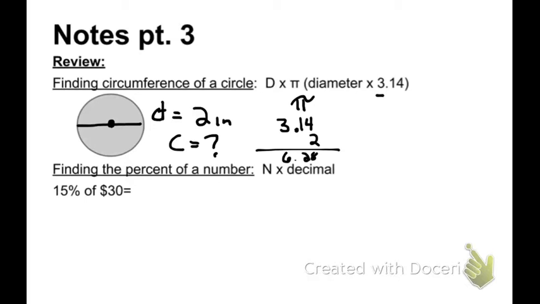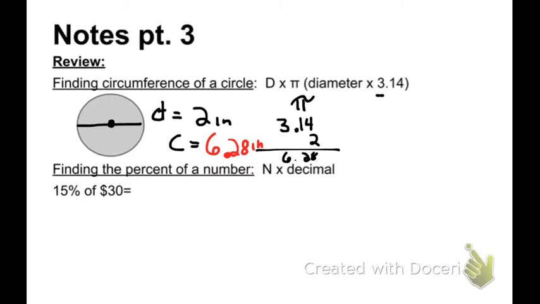So I should get a circumference of about 6.28. And I'm sure one of you kids is going to tell me, well, Mr. Briggs, it's really 6.131653. Okay, I rounded, okay? 6.28, about 6.3 is going to be the circumference.